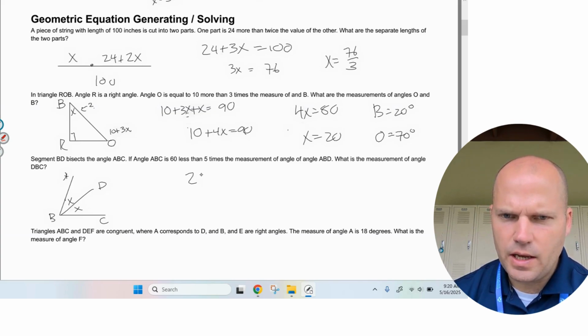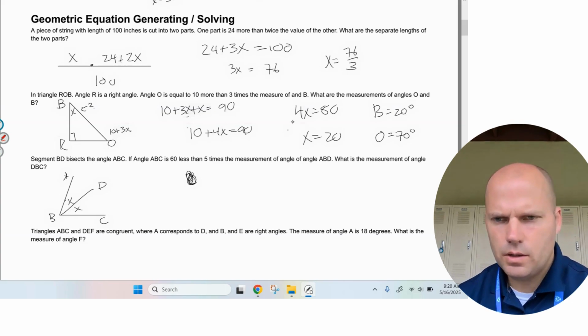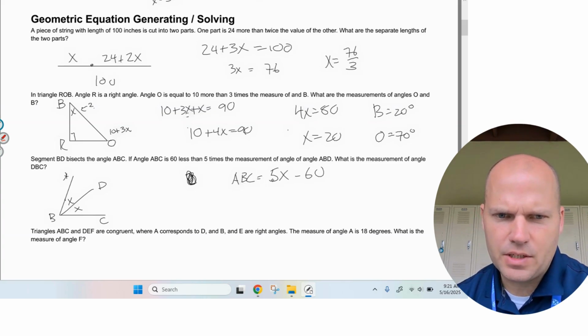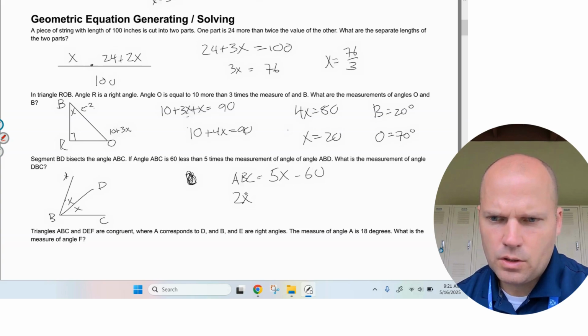So doubling ABC equals 5 times ABD minus 60. And angle ABC is equal to doubling X. It's a very good question.